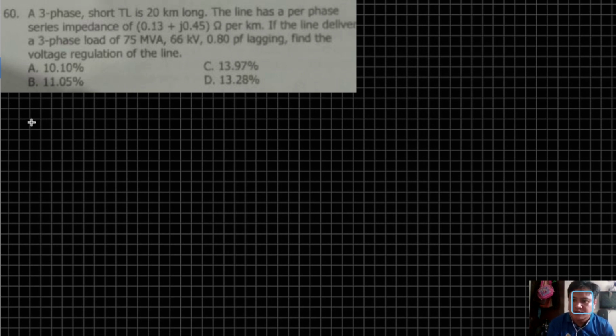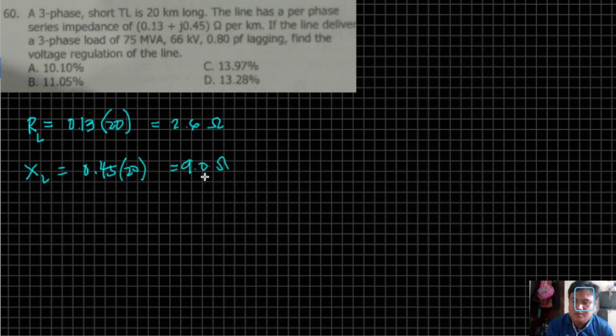Okay, so dito yung resistance natin, RL of the line is equal to 0.13 times 20, no? Kasi 20 kilometers. So you have 2.6 ohms. Tapos yung XL natin follows na equal to 0.45 times 20, or that would be 9.0 ohms.